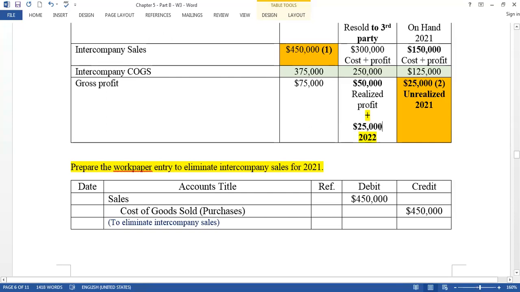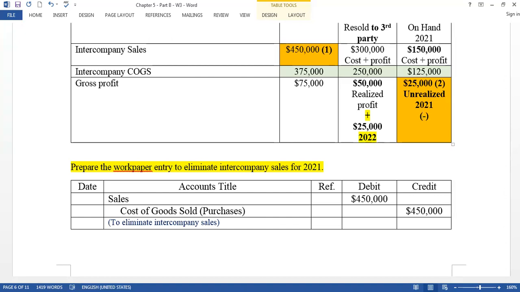Now, how to make it plus? Before, when we made it minus in 2021, that means we closed it, right? And I told you that if cost of goods sold debit, it means that profit is going to close, right? Now, if you want to add it back, what do you have to do? You have to record cost of goods sold credit, right?